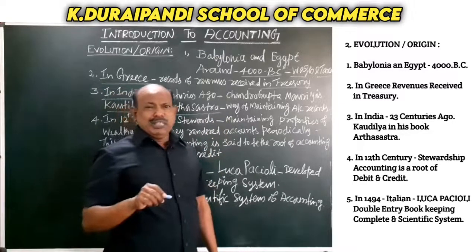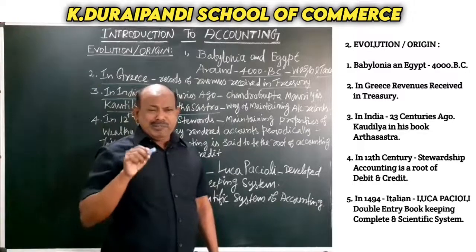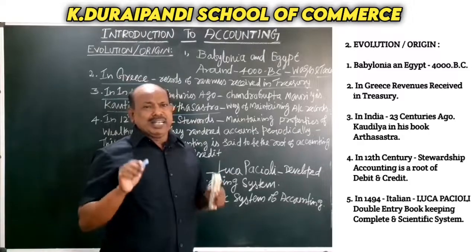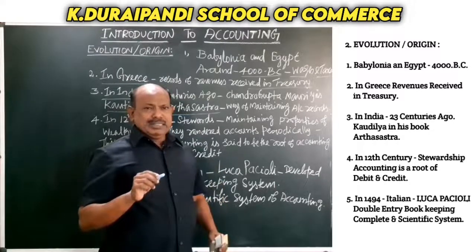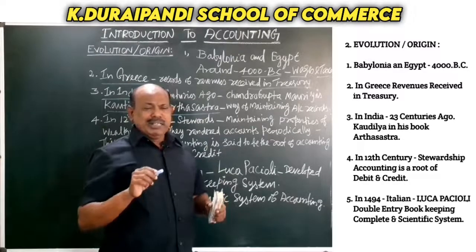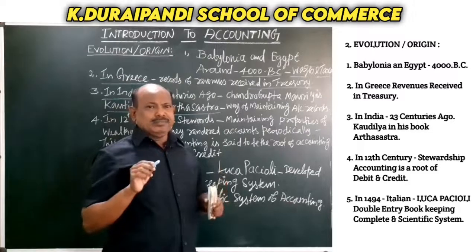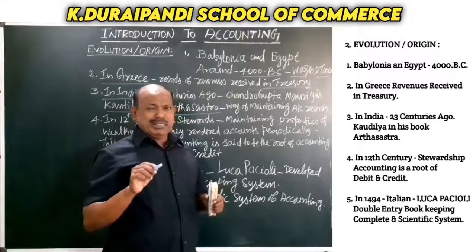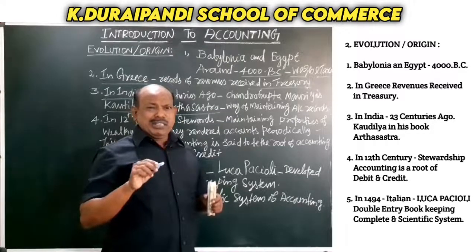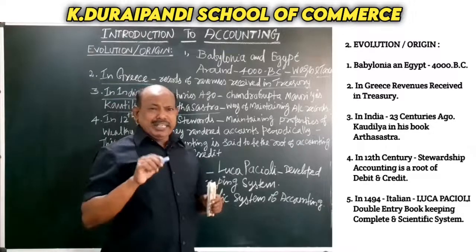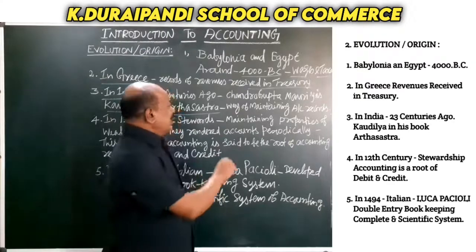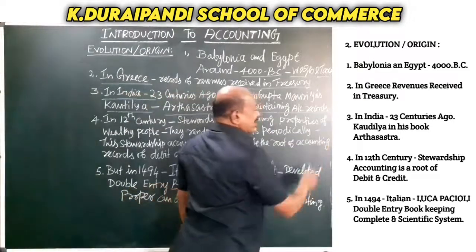In this book, Arthashastra, we find the way of maintaining accounting records. That is the first concept traced in India.